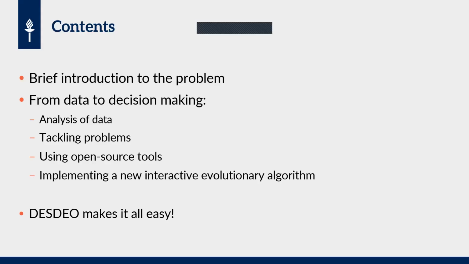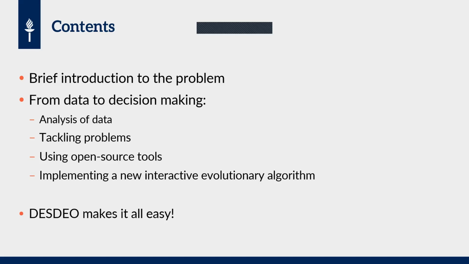Okay, so just as a brief overview, I will introduce the problem in a very brief manner so that you know what I'm talking about in these slides. And then we'll follow a natural problem solving process.